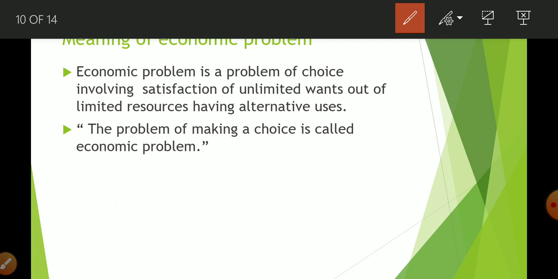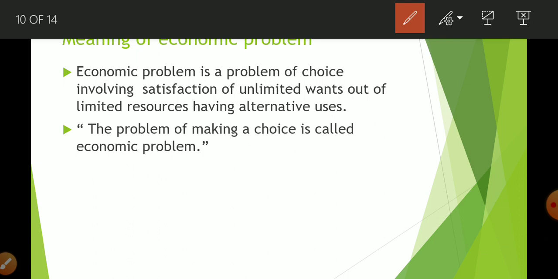Every day, from the morning till the night, whatever things you are using, you are facing an economic problem, but you are not concerned with it. Today you are going to study it, and after that you can understand. Suppose you completed your 10th standard and now you are going to enter 11th standard. You can select commerce, or math, physics, biology, or math, physics, chemistry, but you cannot select all the streams in one session.